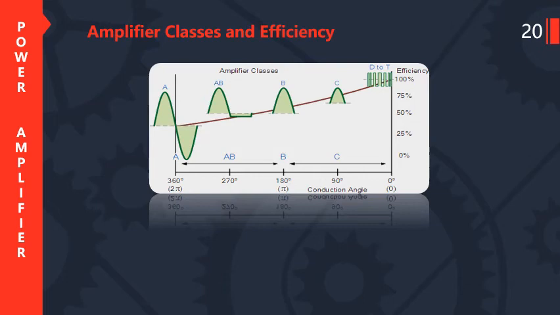Class A amplifier, the efficiency is 30% or 35%. AB approximately 50 to 60%, C 70 to 75%, and D or T amplifier is 100% efficient.